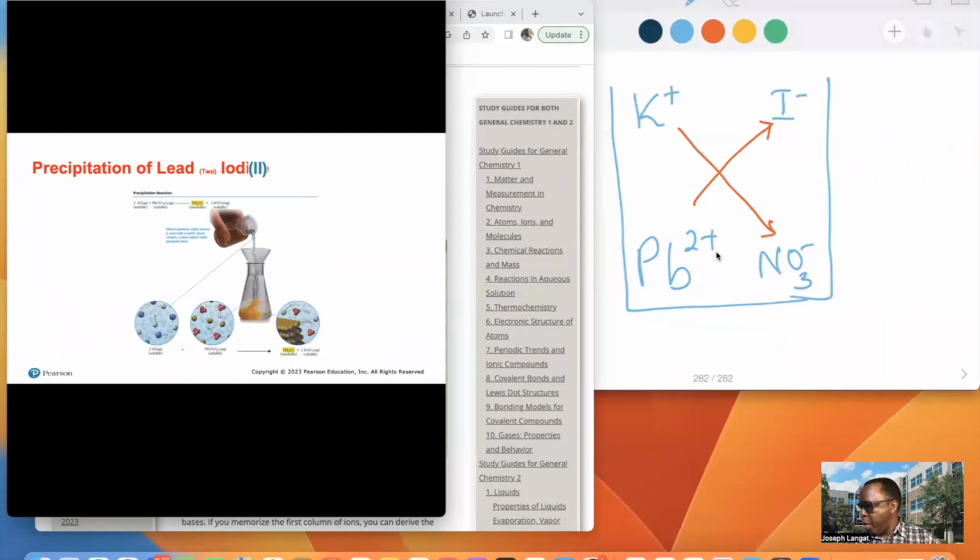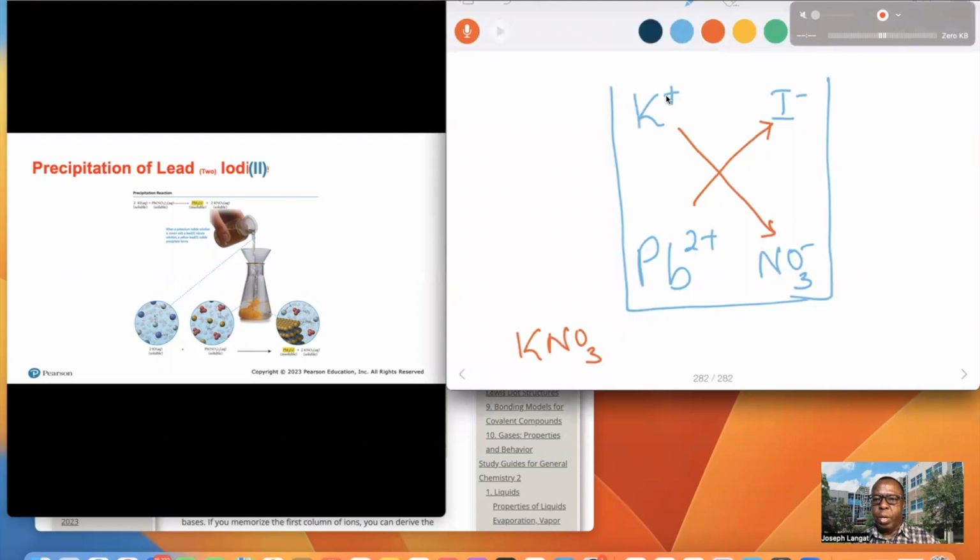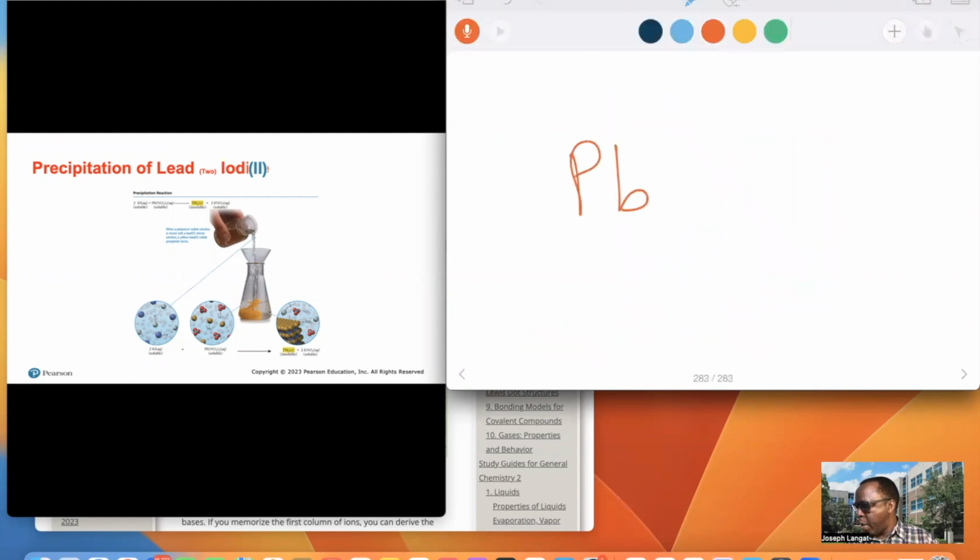So this will form KNO3 because 1 and 1 will cancel, plus PbI2. How do I know that? Remember, if you have lead 2 ion and iodide, this will switch to PbI2.